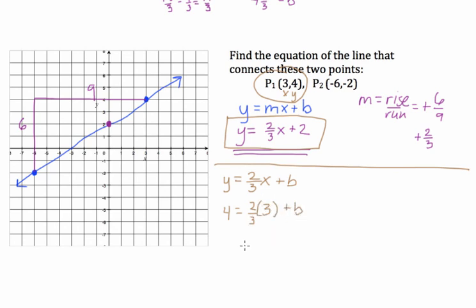And now we should be able to find b exactly. 2/3 times 3 is 6/3, or 2. So our b number is 2. That confirms what we already kind of guessed visually, that our equation is y equals 2/3 x plus the b number of 2.